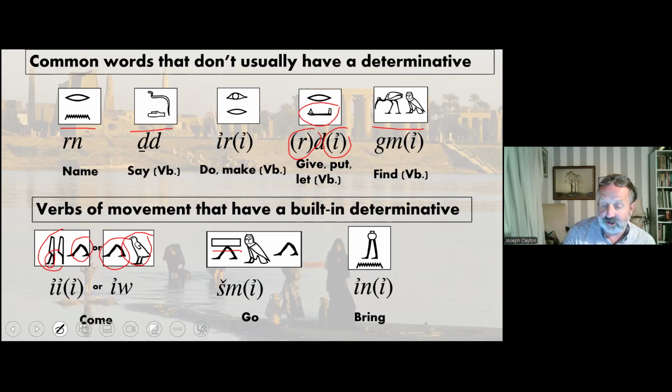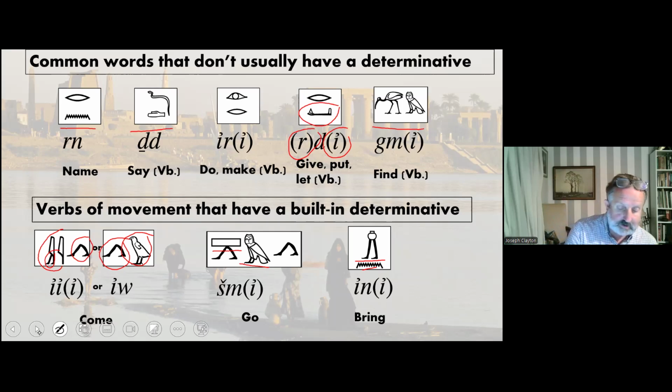So we've got a sh sign with a pair of legs on it and an M. So that is to go. And then we've got ini, which means to bring. That's a pot on legs. If you see the pot by itself though, it virtually always reads nu, so be careful with this. When it's got a pair of legs under it, it reads in or ini.